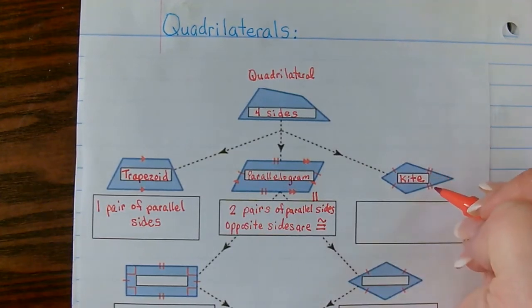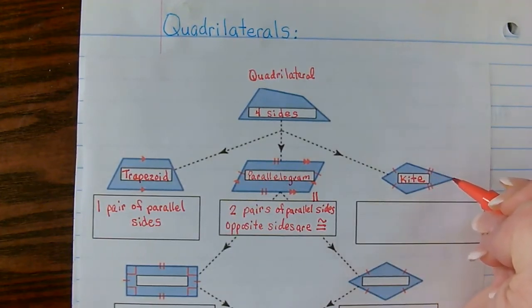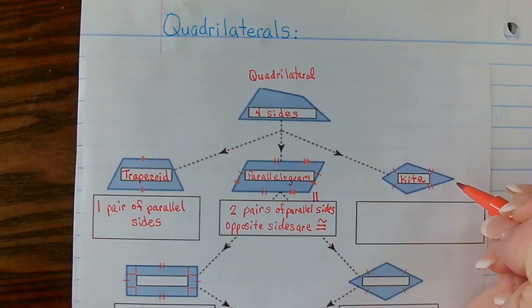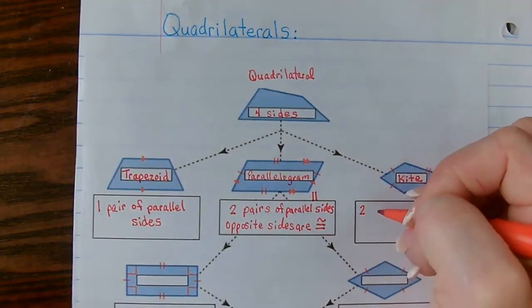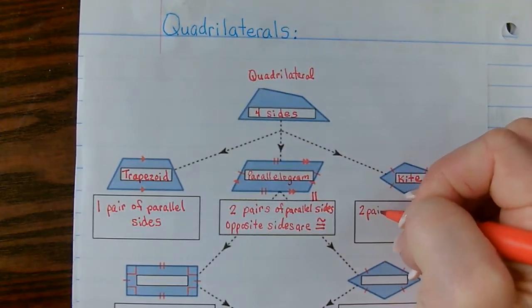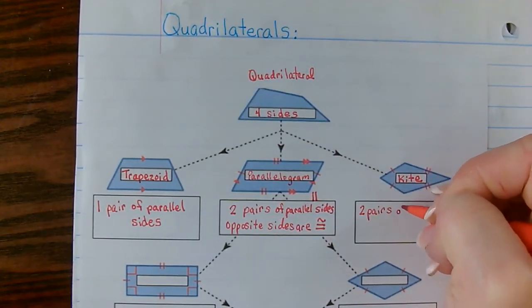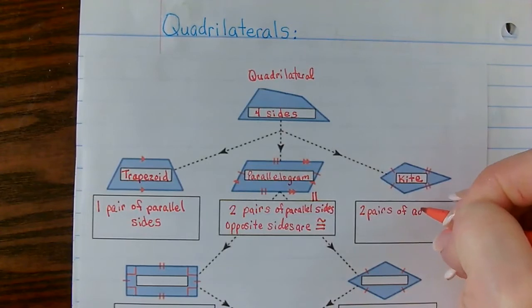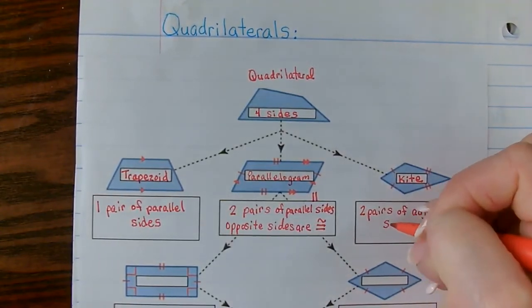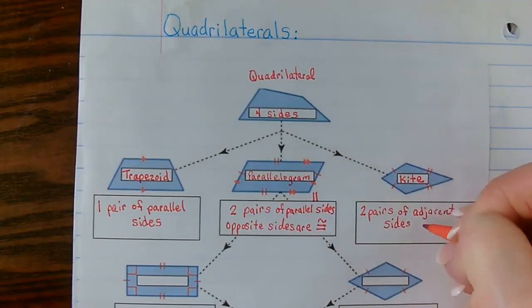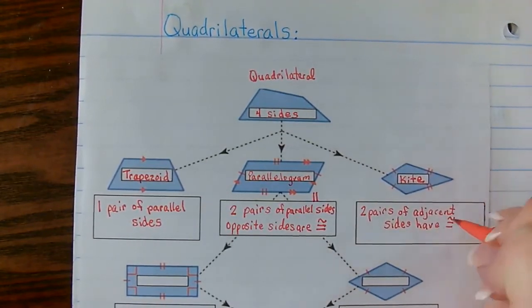These two sides here are adjacent to each other from this point and they have the same measure. So for a kite, there are two pairs of adjacent sides that have a congruent measure.